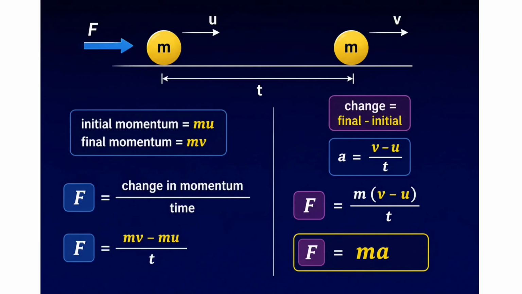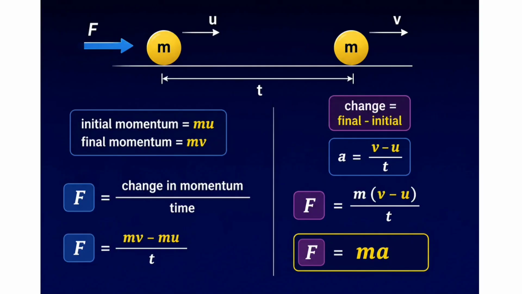Now, understanding the initial and final states. Look at the top of the screen. Imagine an object of mass m moving along a straight line with an initial velocity u. Now we apply a constant unbalanced force F on it for a time duration t. Due to this force, its velocity changes from u to final velocity v.